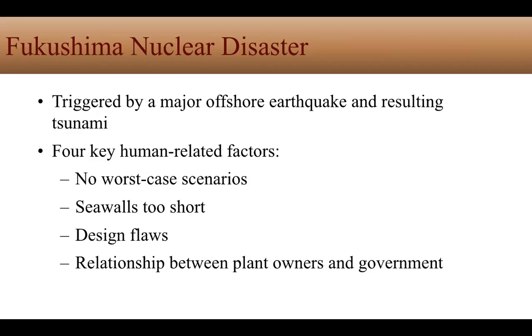They put backup generators on the first floor of a building instead of the second floor. And when the tsunami hit, it destroyed the generators. And so just everything that could go wrong in this case did. And that's the biggest issue that people have with nuclear power, is that when something does go wrong, it goes very wrong. And unlike Three Mile Island, a lot of people have died as a result of the Fukushima disaster.